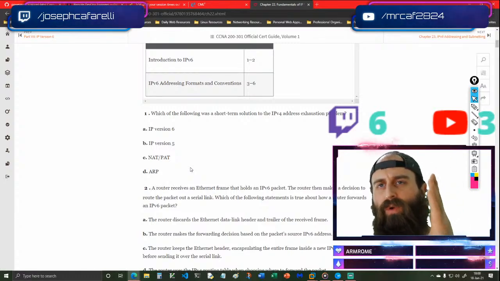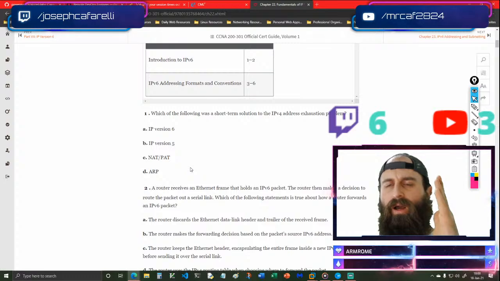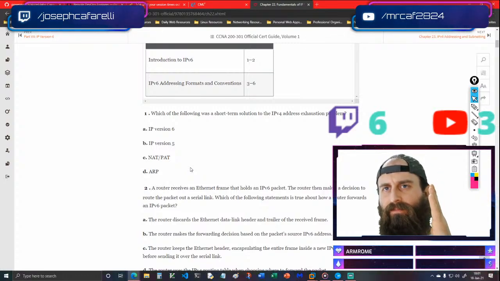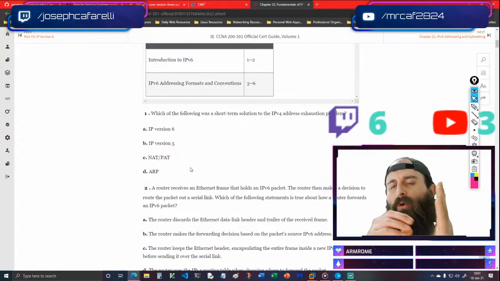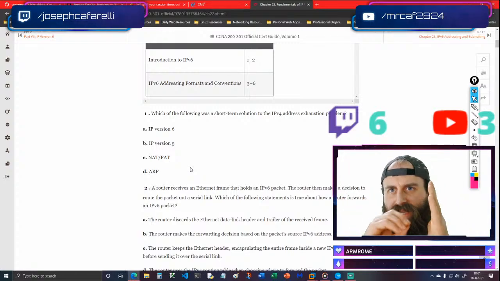You have your home router, and you have that one public-facing IPv4 address from your ISP, and your home router is doing NAT and PAT.